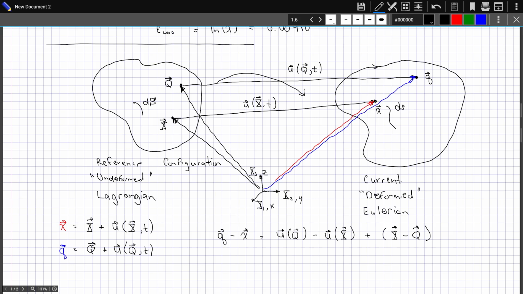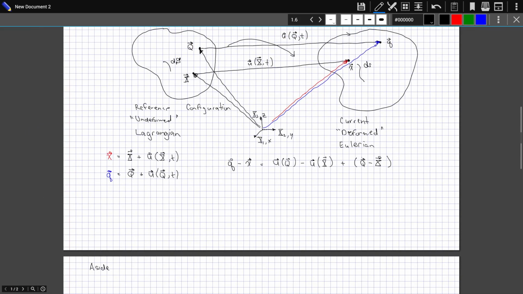Yeah, sorry. Okay. So now what I want to do is I'm going to do a Taylor expansion about the point Q equal to X.